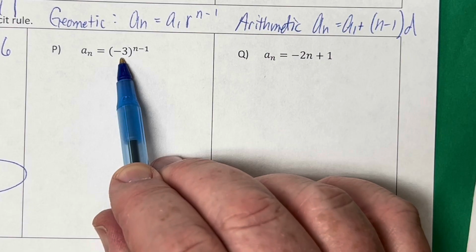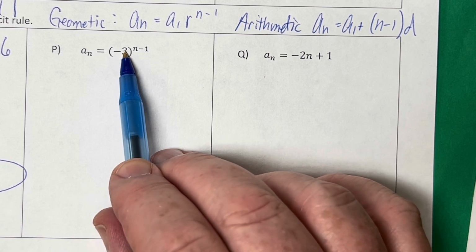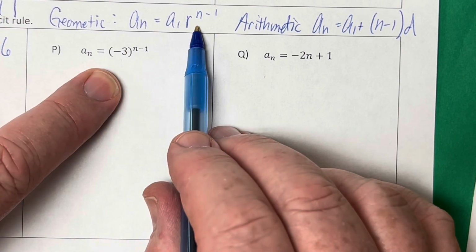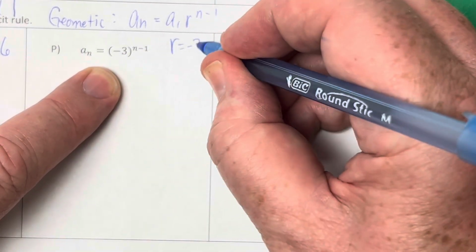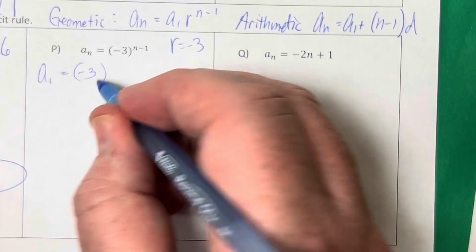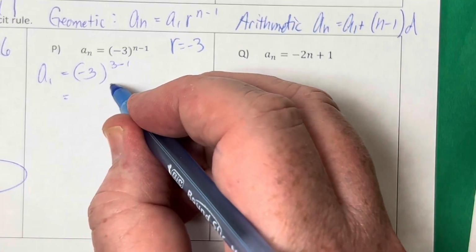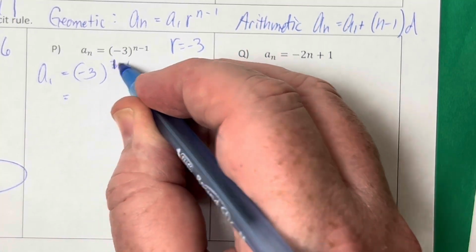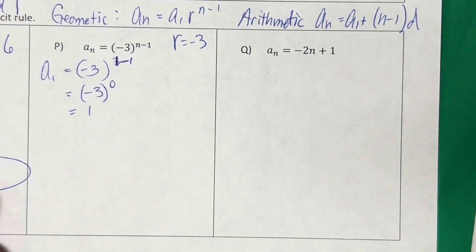All right, so for this, it is geometric, because that is the geometric explicit rule here. And r is -3. So we just have to find a1. And in this case, it would be -3 to the 1 minus 1, which is 0, so that would make that 1.